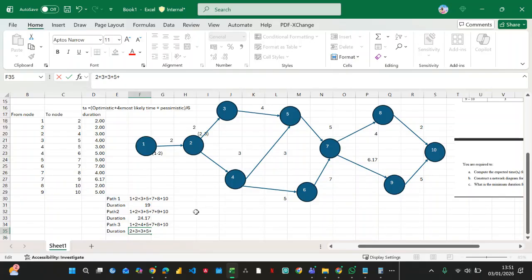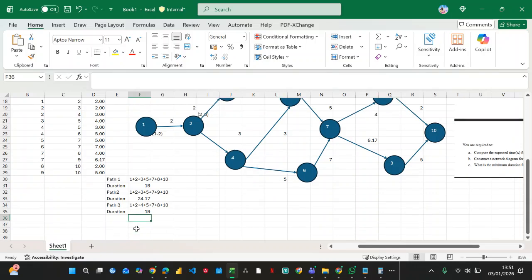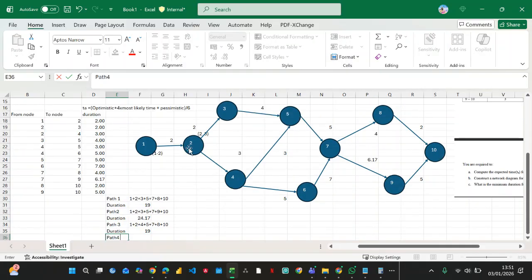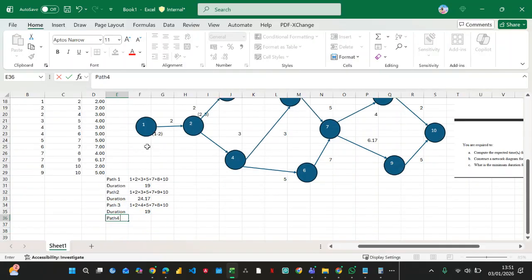Okay, so I will now move to plus 5, plus 4, plus 2, then plus 2. That is 19. Again, we have 19. So at 4, we have to come here.